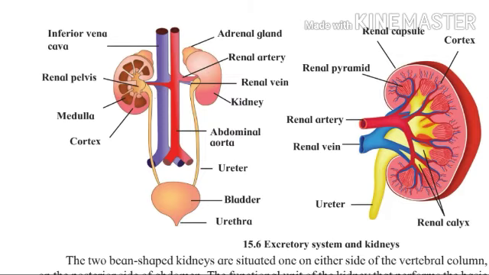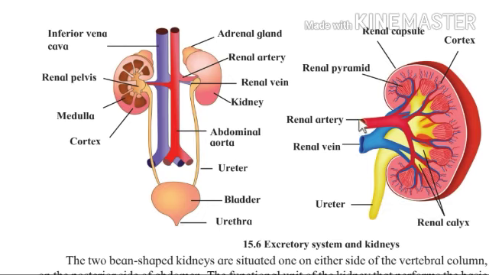Okay, now we can see the structure of a single kidney in detail. This is the outermost part, the cortex. Here a renal pyramid-like structure is shown.